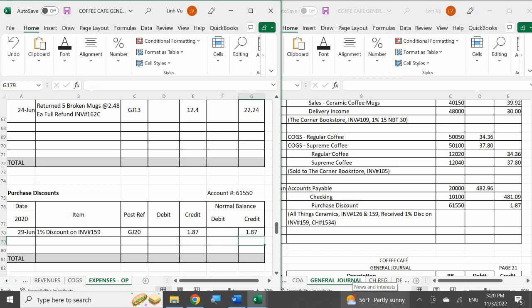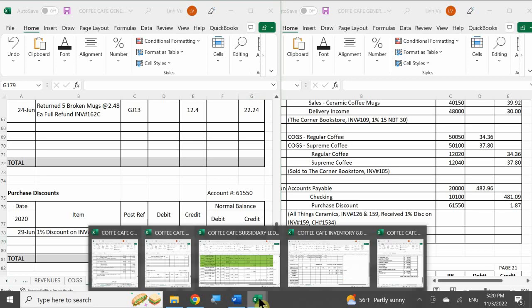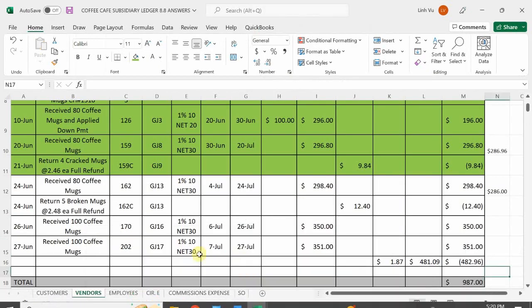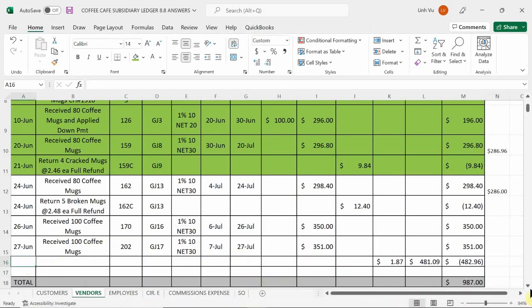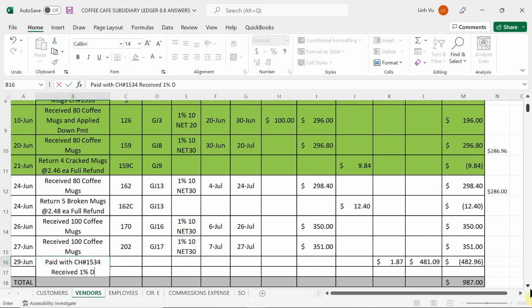Right? So now that I finished my journal, finished my ledger, I need to finish updating my subsidiary ledger. Okay? So that I could say that it is the 29 and we made a payment paid with check number 1534, received 1% discount on invoice number 159.